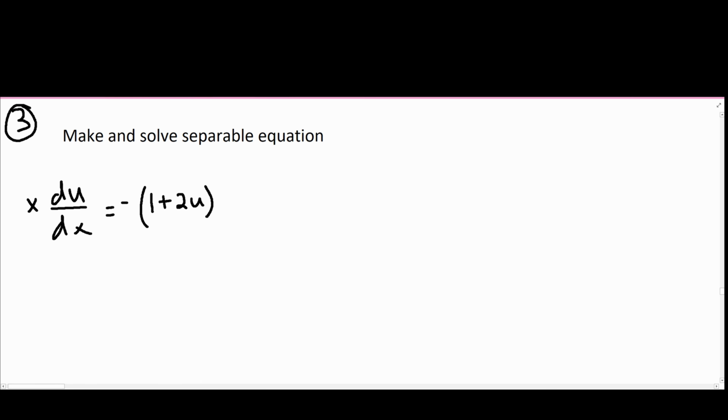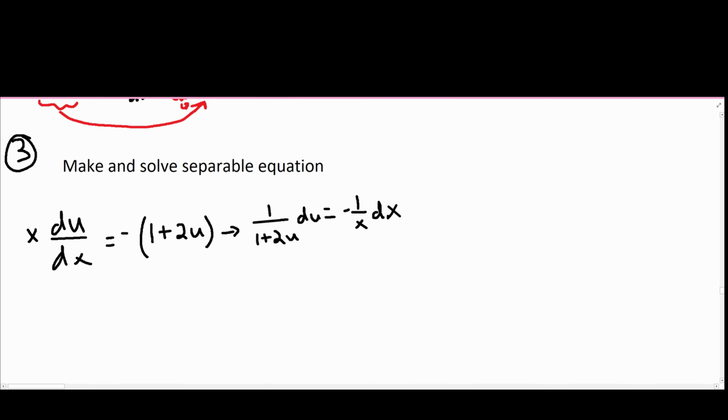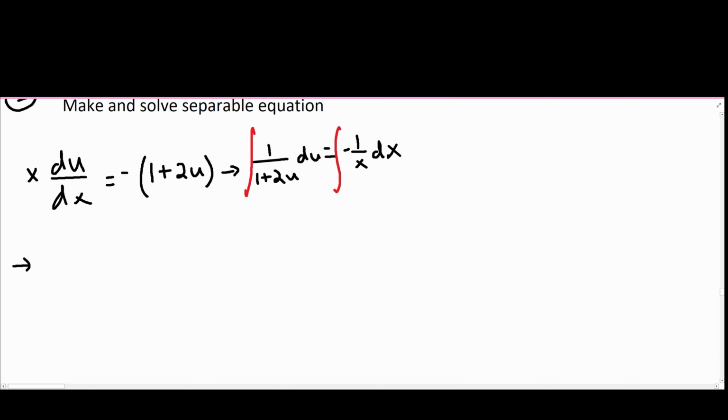Now we can multiply both sides by dx, divide both sides by x, and then divide both sides by 1 plus 2u. Doing this, we get 1 over 1 plus 2u du is equal to -1 over x dx. Now, to solve this, we must integrate. Integrating the left side, we get 1/2 ln of 1 plus 2u.